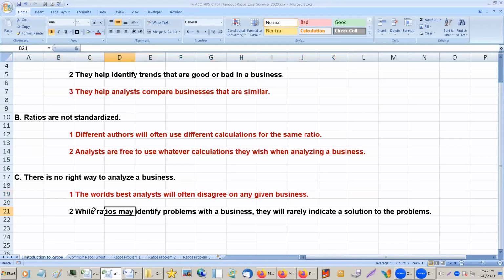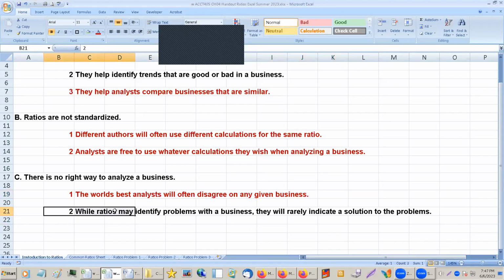Don't buy any more of it, but if you already have it, hold on to it. And then you'll have 4 people that say sell it. Now we're talking about people who have PhDs from Ivy League schools usually, and how can those people look at the same data and come up with completely different conclusions? So there is no one right way to analyze a company. Obviously, those very smart people are coming up with different ideas.